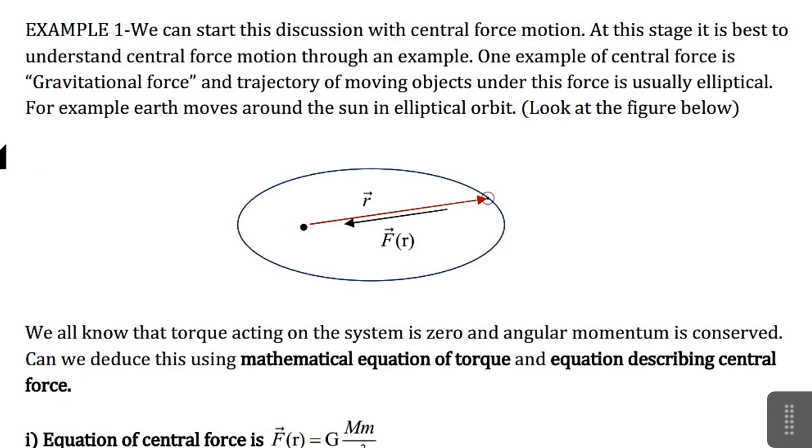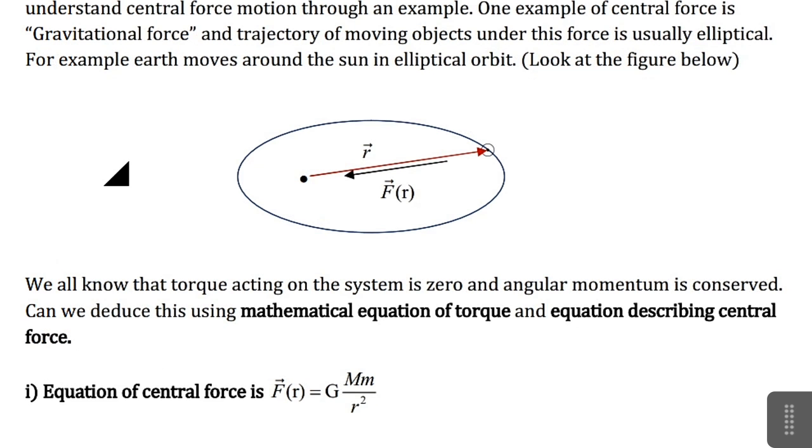Example number 1. In this example, I'm going to describe how the basic mathematical formula contains the physical meaning, or the physical things that you are going to see in a particular derivation. For example, you know that when something moves under gravity, the angular momentum is 0 because the torque is 0.